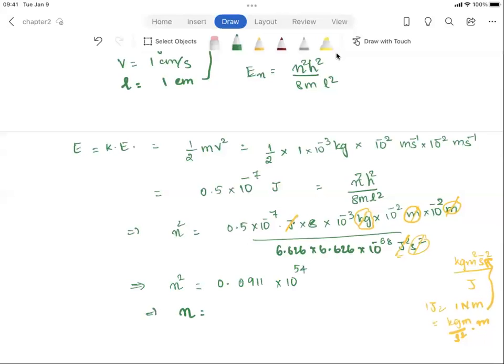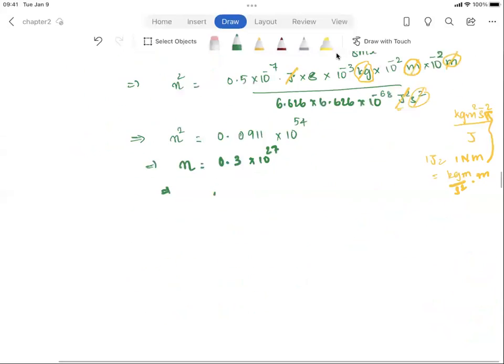That implies n is going to be 0.3 times 10 to the power 27, or we can write the same thing as 3 times 10 to the power 26. So this is the answer.